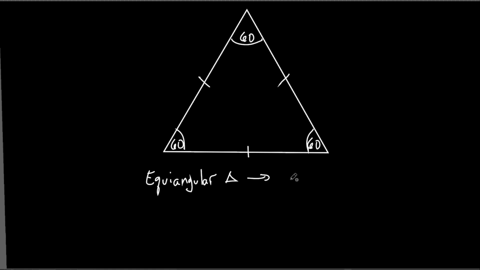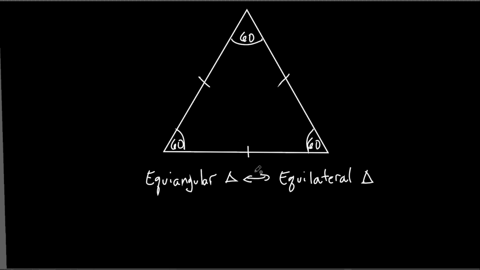All three sides are equal, so an equilateral triangle. So if it's equiangular, then it has to be equilateral. What if it was equilateral? It's got to be equiangular. So actually, I can put arrows on both ends. Do you see that?